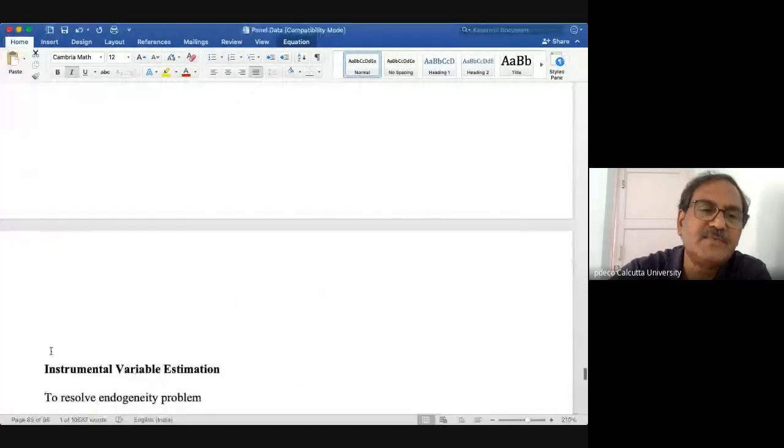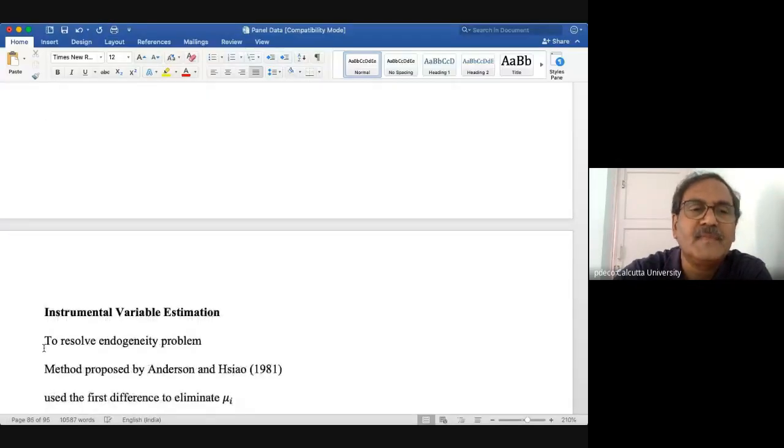So how to resolve this problem? You know, one popular way to resolve endogeneity is to use the instrumental variable. So in estimating a dynamic panel data model, we can use instrumental variable estimation.